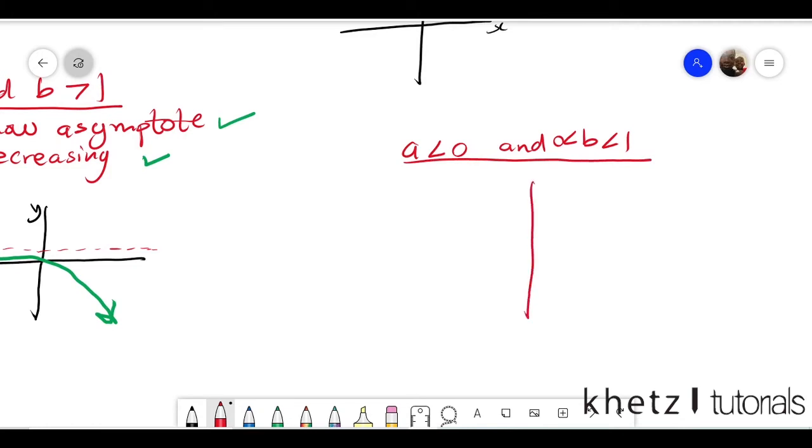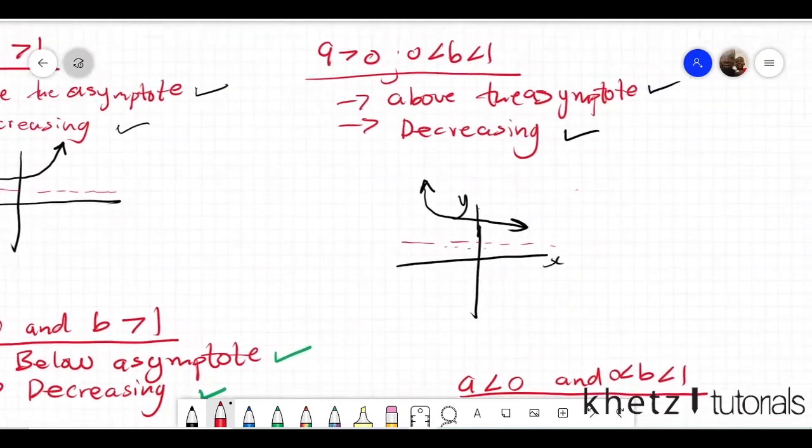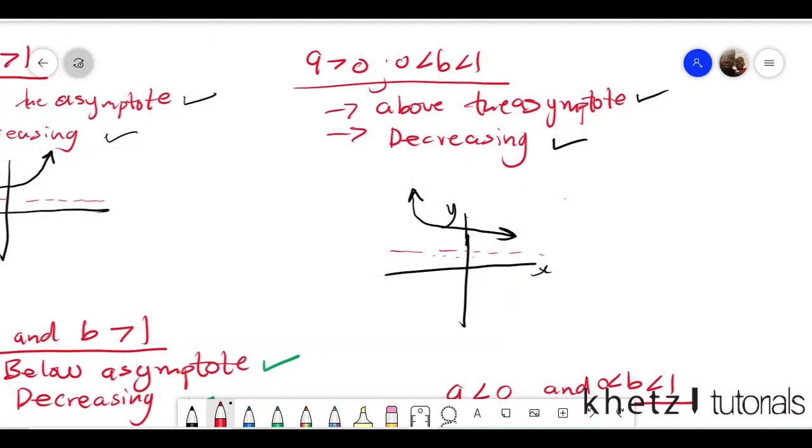So in this case, A is less than 0, which means you know that the graph will occur just below the asymptote. That is a given. Your A tells you where the graph will occur. So in this case, it will occur below the asymptote. But now our B is between 0 and 1. If you remember, for A greater than 0 with a B between 0 and 1, the graph was decreasing.